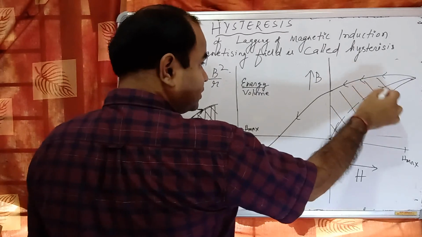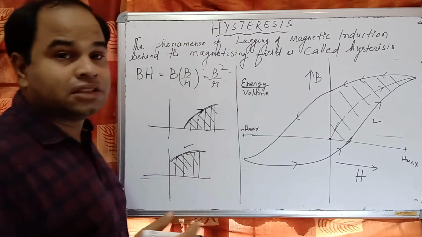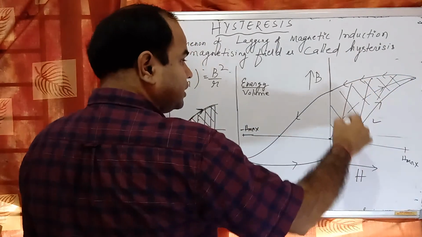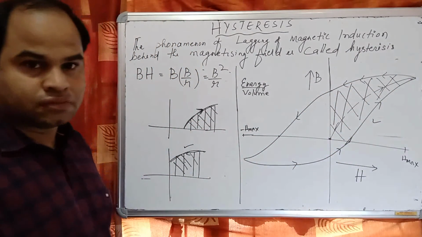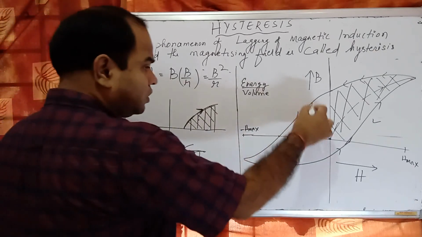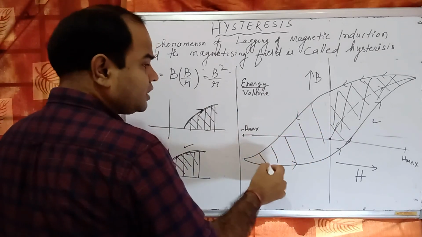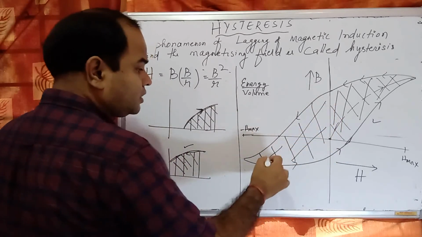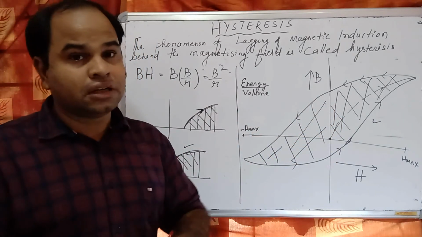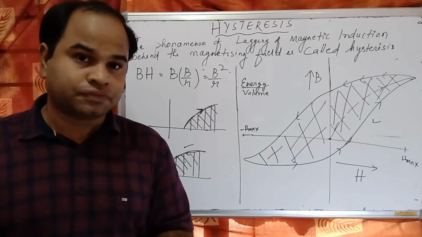So we can say this whole area represents energy lost during magnetization and demagnetization. हमें whole process को यदि देखिए, we can say the whole area represents energy lost during magnetization and demagnetization.